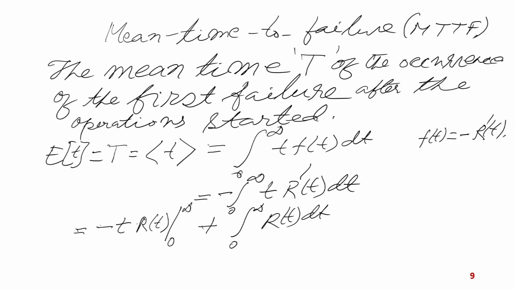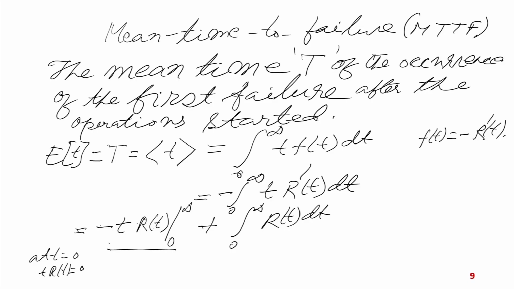Now, let us see about this term. What should be the value of this term? At t equal to 0, r t is equal to 1, so t r t is 0. What about at infinity? At infinity r t is 0, but the reliability function decreases exponentially, very fast, whereas the time is increasing only linearly.